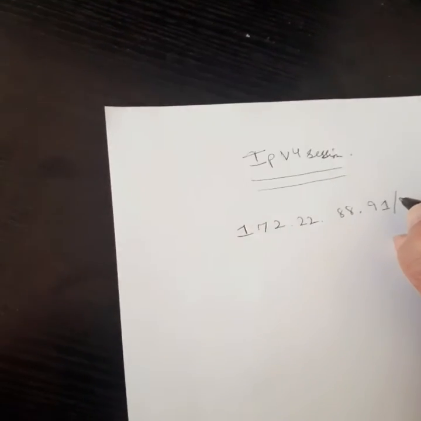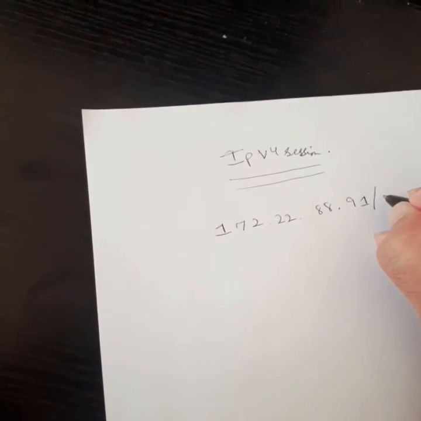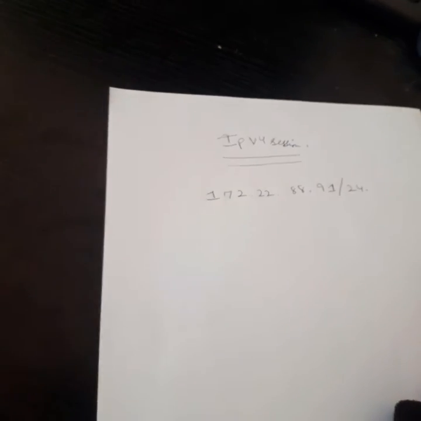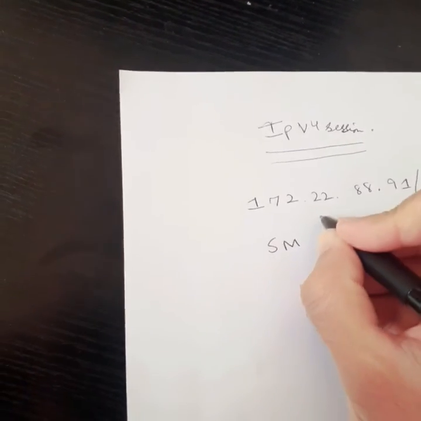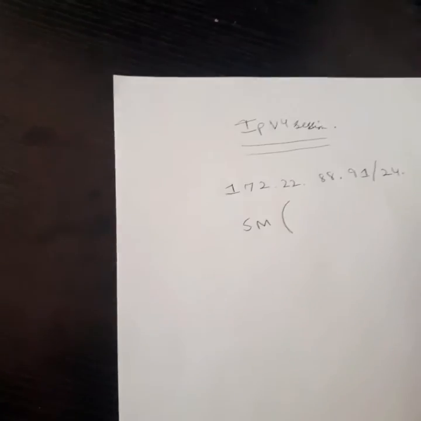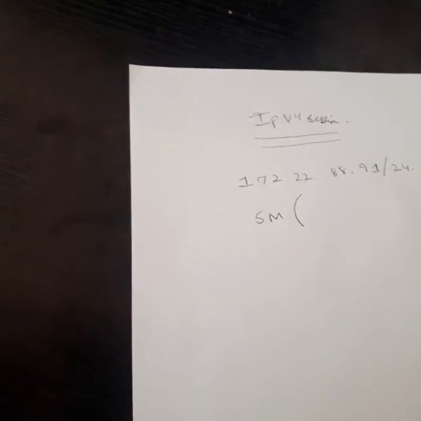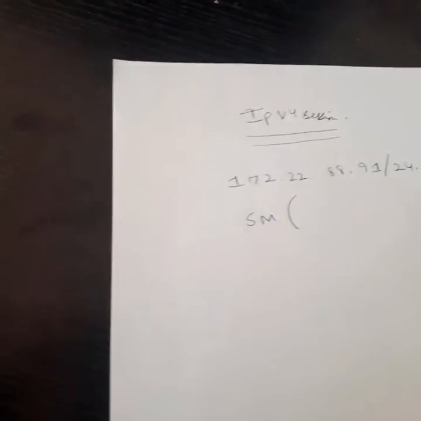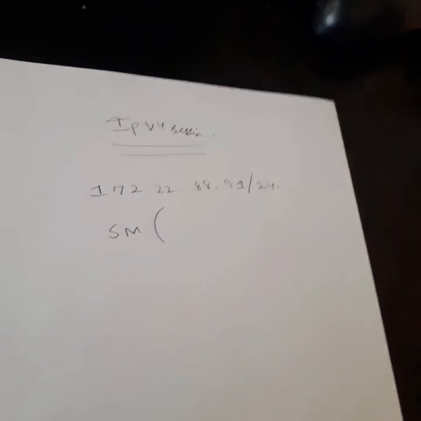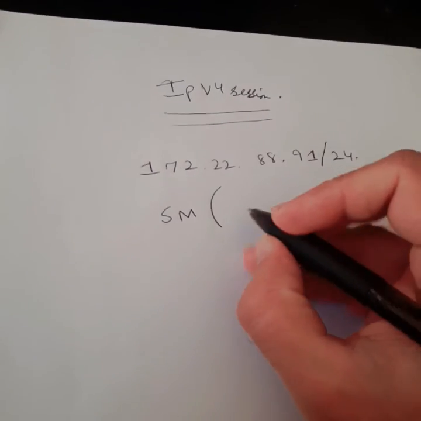Remember, everyone. So /24 is our subnet mask, which is given. That's good news for us. Now /24 is in slash notation, and we have to break it into dotted decimal.